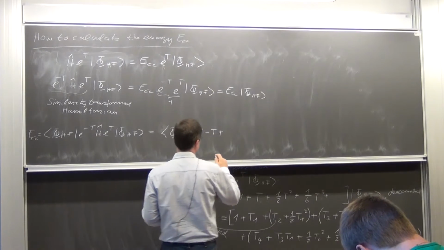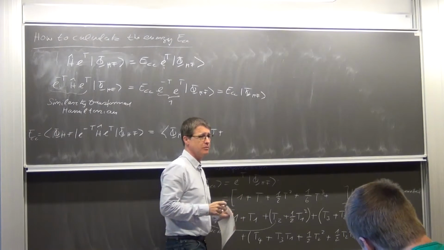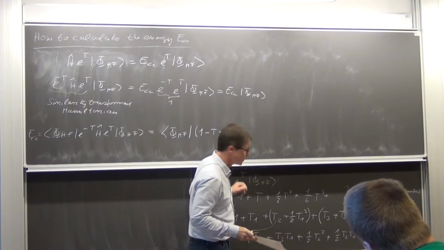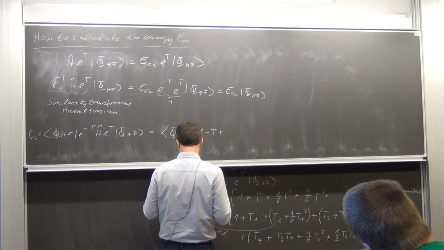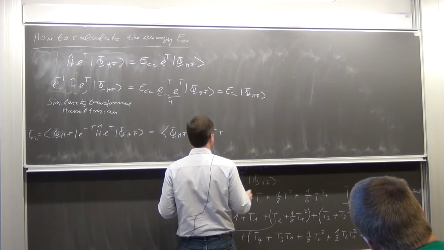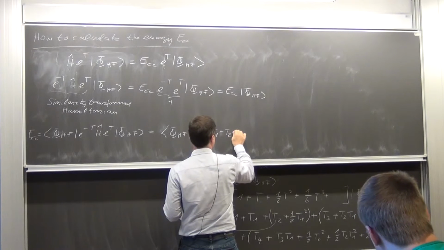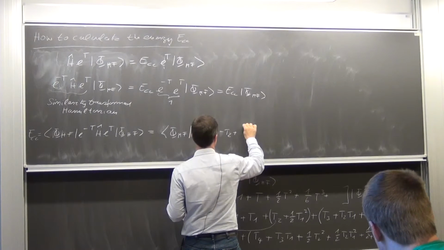And then just keep the linear term right now, but expand it in T1, T2, and so forth. So this gives me 1 minus T1 minus T2, and so forth.